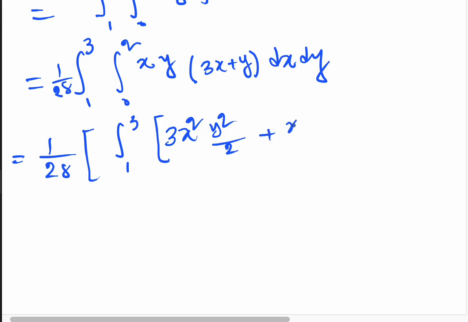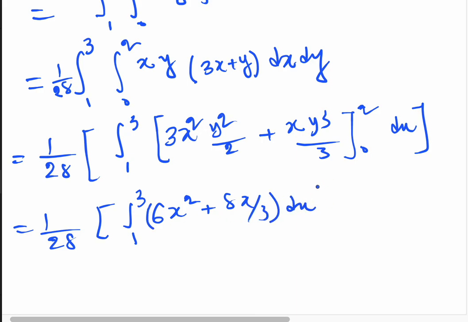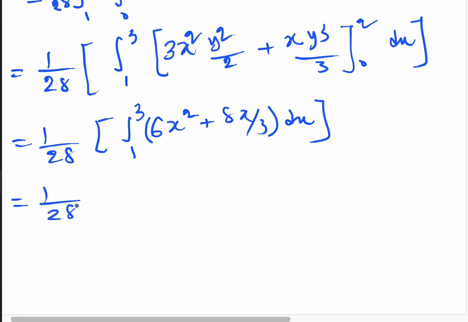Second term is plus x y cube by 3, 0 to 2 dx. 1 by 28, 1 to 3, and if I put 2, 4 to 6x square plus 8x by 3 dx. 1 by 28, this is 6x cube by 3, so 2x cube plus 4 by 3 x square, 1 to 3.